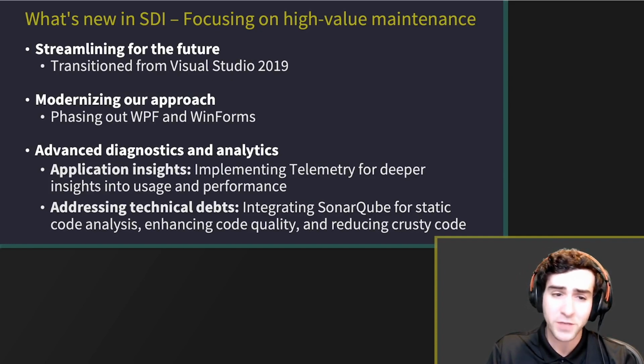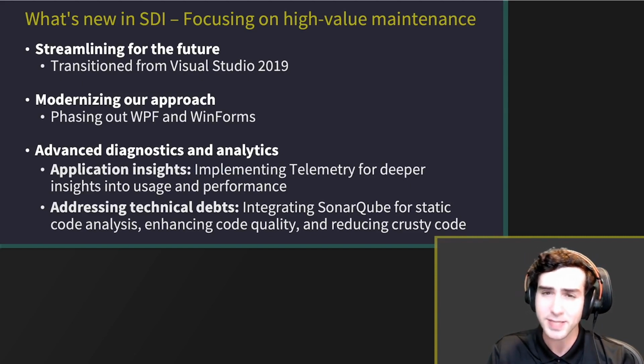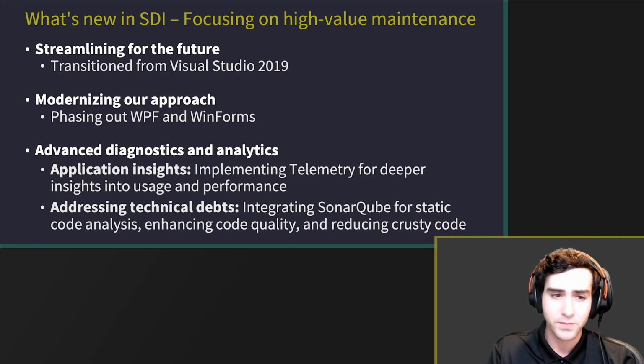First of all, this shift enables us to streamline our processes, leading to quicker bug fixes, updates, and more efficient support. By focusing on a single Visual Studio version, we can dedicate more resources to enhancing your experience with SDI. Also, by focusing on Visual Studio 2022, we can fully utilize its 64-bit architecture, offering enhanced memory capabilities and performance advantages, ensuring our SDI extension is optimized for peak performance.